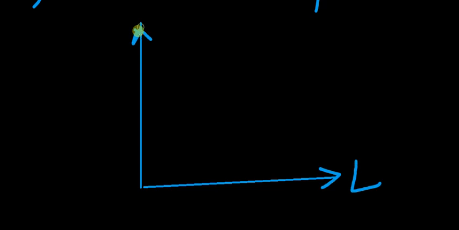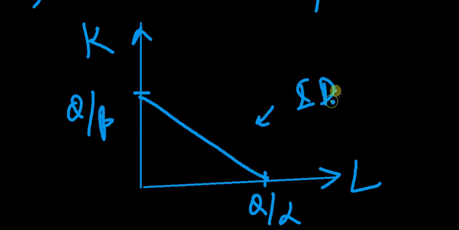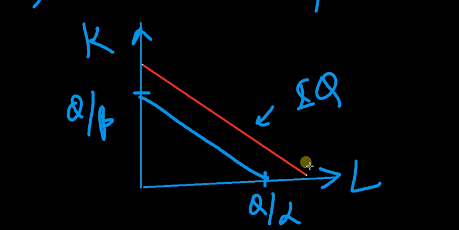If I put L here and K here, if K is 0, this is Q by alpha, and if L is 0, this is Q by beta, and this is my isoquant. As I keep on increasing the value of Q for higher and higher output, the intercepts would be higher, and hence the isoquant would be higher.